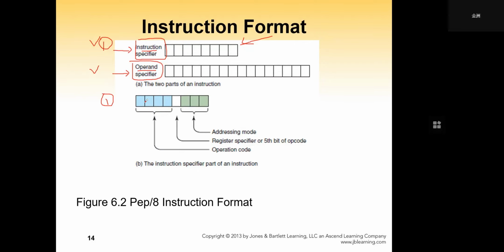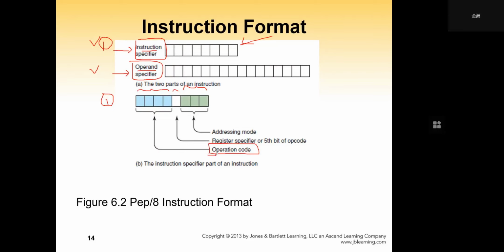You can see we can divide the first part, the instruction specifier, into 3 parts, which are marked in different colors. The first 4 blue bits we call the operation code.